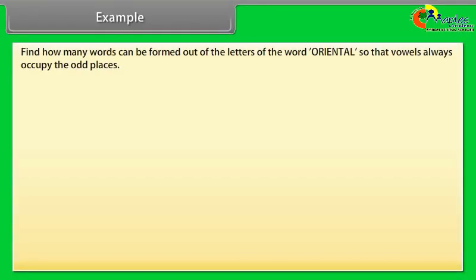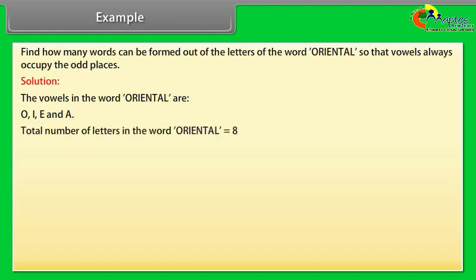Find how many words can be formed out of the letters of the word Oriental so that vowels always occupy the odd places. Solution. The vowels in the word Oriental are O, I, E and A. Total number of letters in the word Oriental is equal to 8.